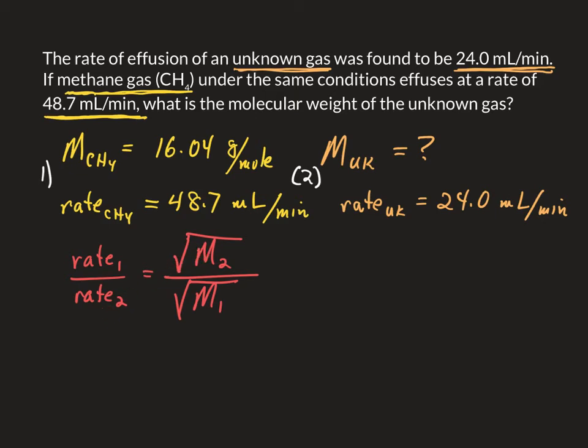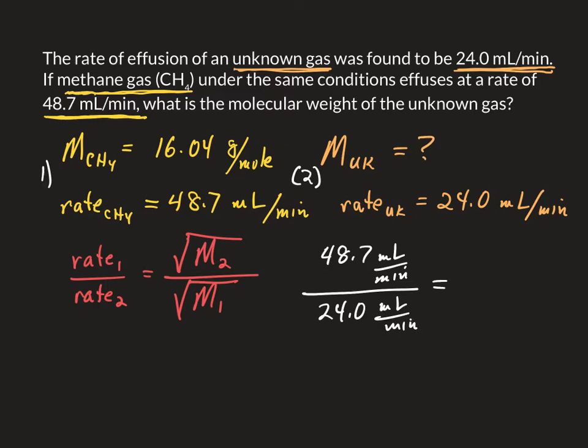And so now we substitute. 1 is the methane, so rate 1 is the 48.7 milliliters per minute divided by rate 2, that's the rate of the unknown, 24.0 milliliters per minute.